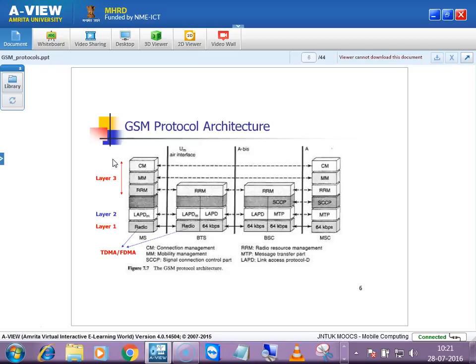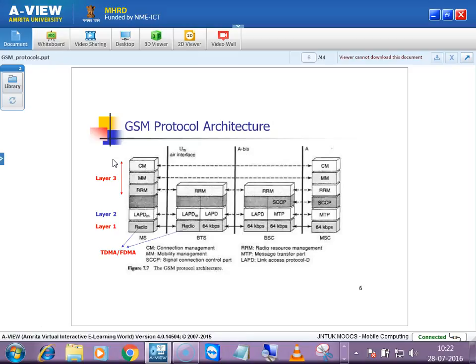In the base station controller we'll have LAPD for connection with the BTS, and MTP, the message transfer part, and SCCP, the signaling connection control part, for establishing the connection with the MSC. Since the base station is intermediate between the mobile station and the BSC, it should support both of them.